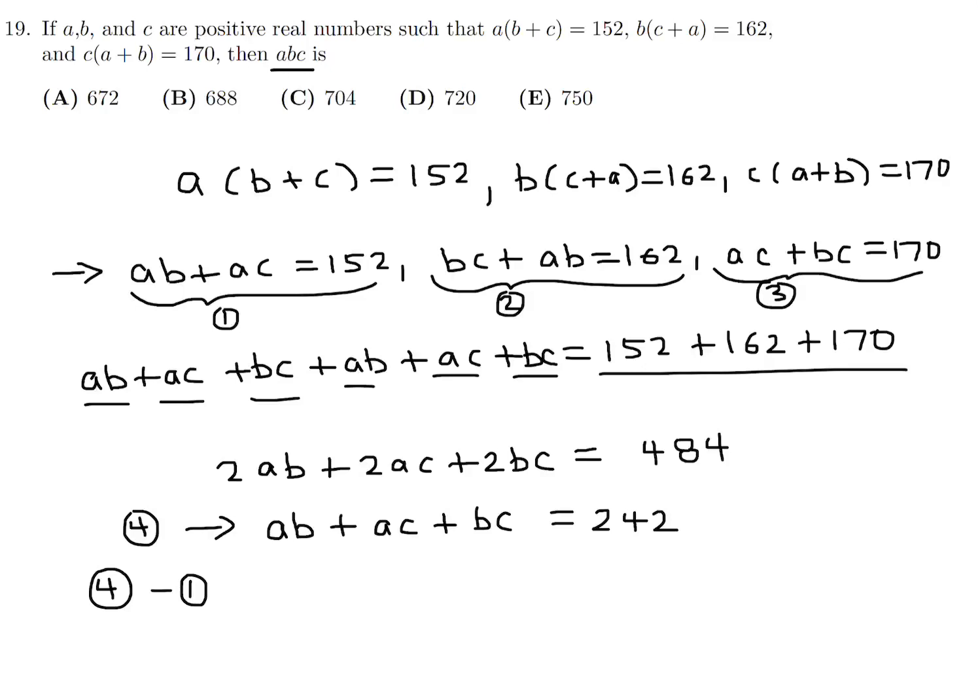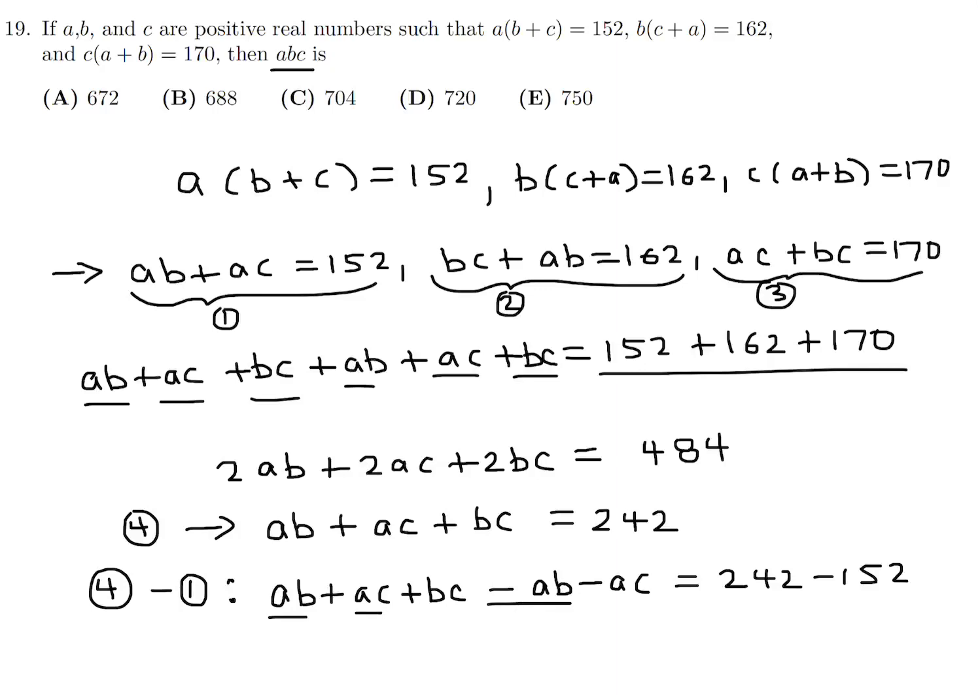So 4 minus 1, you have AB plus AC plus BC, correct? If you subtract from it 1, you're subtracting AB and AC. And then, of course, you've got to do the same for the other sides, 242 minus 152. But watch, the ABs disappear and the ACs disappear. So we just get BC is equal to 242 minus 152, which is 90.